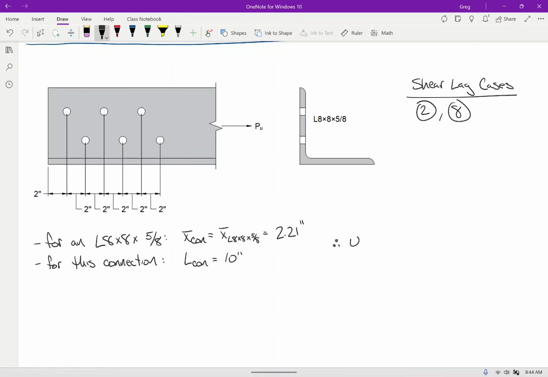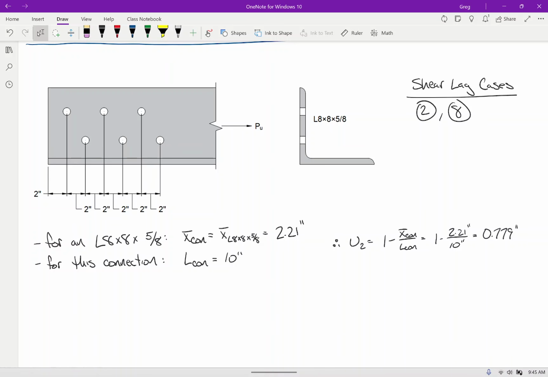So therefore, what is 1 minus 2.21 over 10? 0.779. So far, so good?